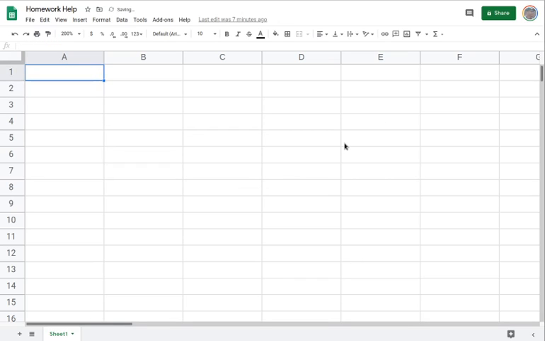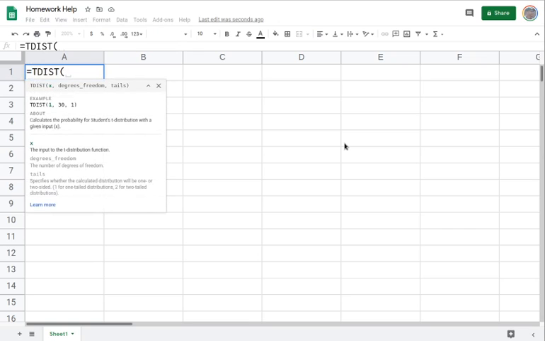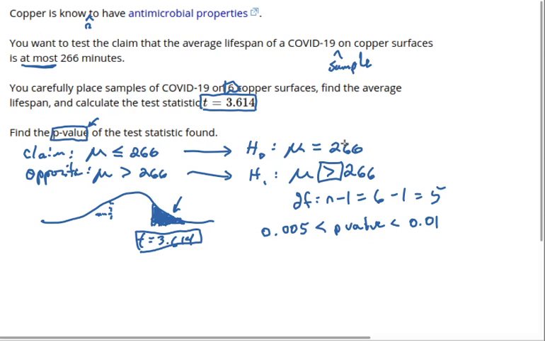Now I'm going to use the function TDIST. There are several different functions related to the t-distribution. I'm going to focus on just TDIST right now, but feel free to explore the other ones. For TDIST, the first thing I'm going to plug in is my test statistic, 3.614.